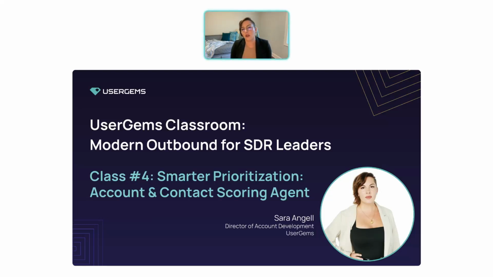And then I'll walk through how this looks for us here within UserGems and how we use that for our account scoring. But first, I'd like to ask how many of you have rolled out some type of scoring or prioritized account list to your reps before.